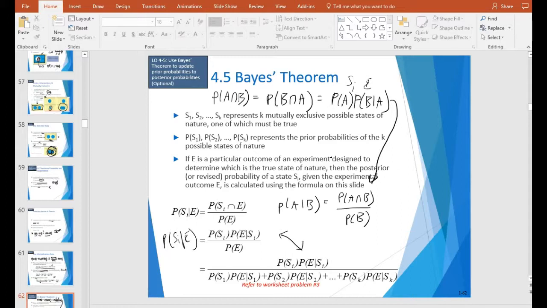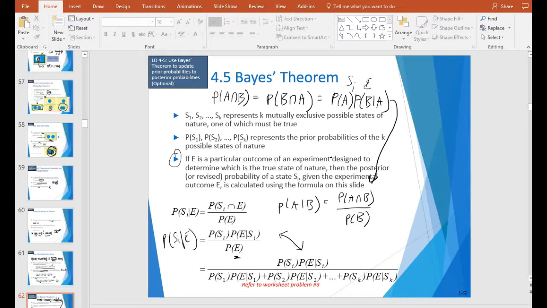So we've talked about this E, which is this particular outcome up here. And they define E as the summation of all of the possible states of nature that E could occur in. So this is again using the conditional rule, but made really tough to understand. E can occur in S1 state of nature, S2 state of nature, S3, all the way up to SK.